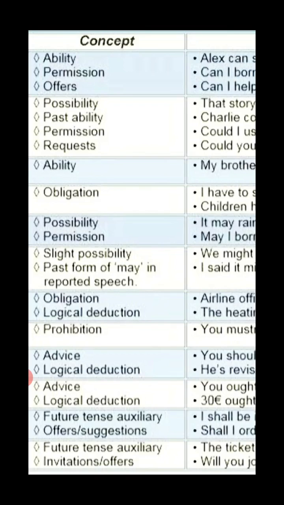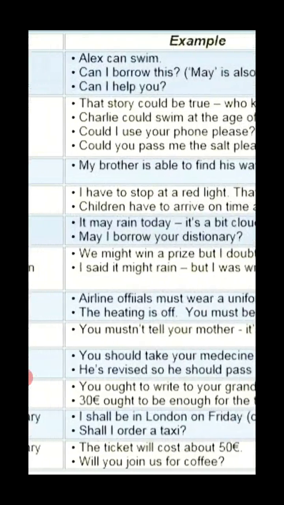Next, for offers or suggestions, here an offer is being represented. Shall I order a taxi? So here, shall I order something?